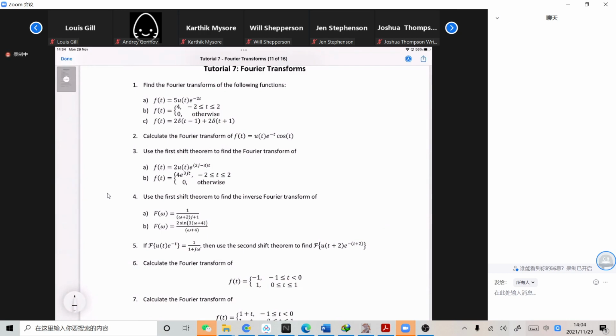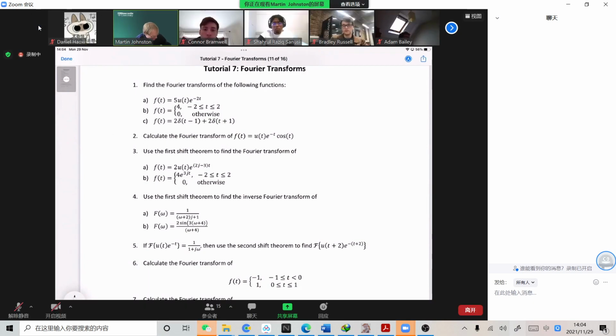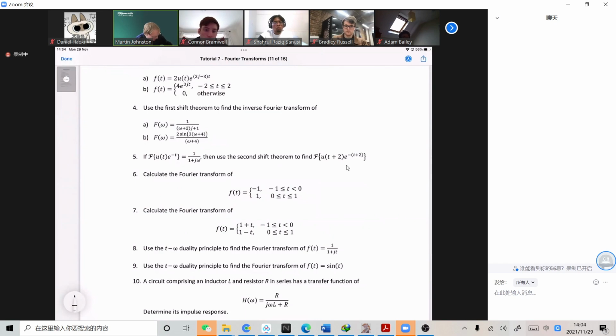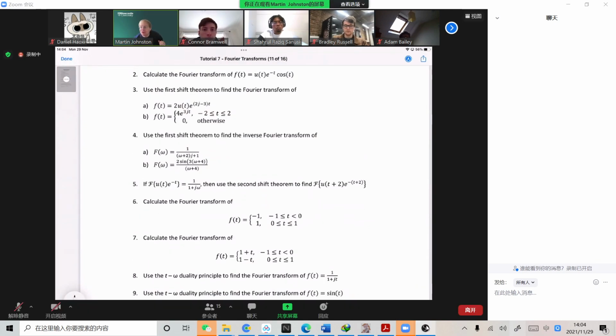So we're looking at this tutorial sheet, and a lot of it just requires looking up functions from the table, applying the first and second shift theorem, and there are also some questions that do require a bit of integration for functions where we just don't have a choice.